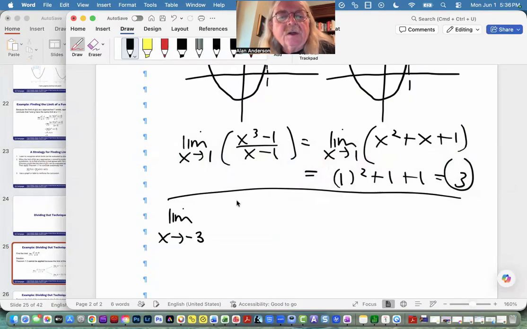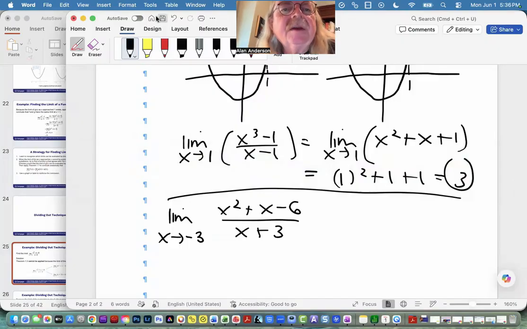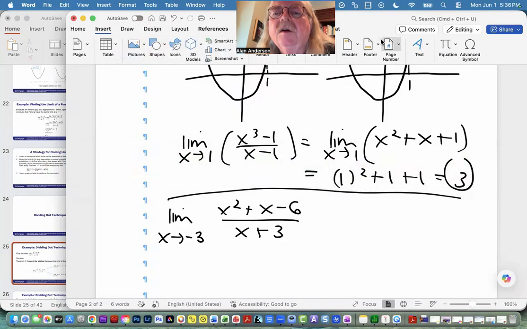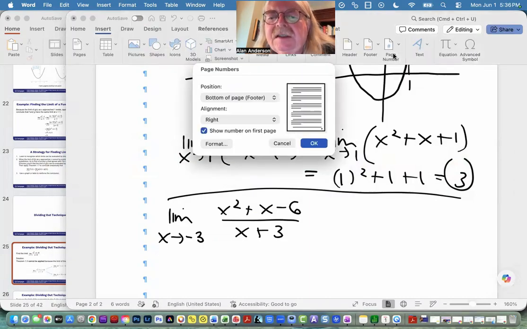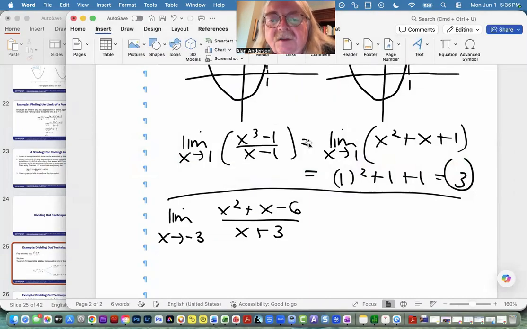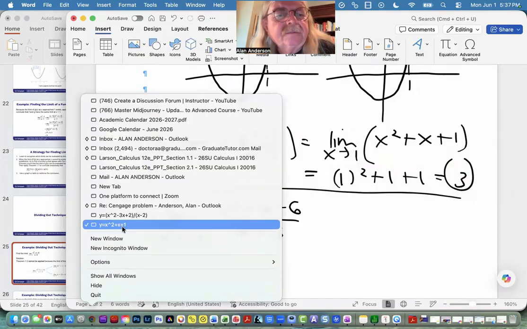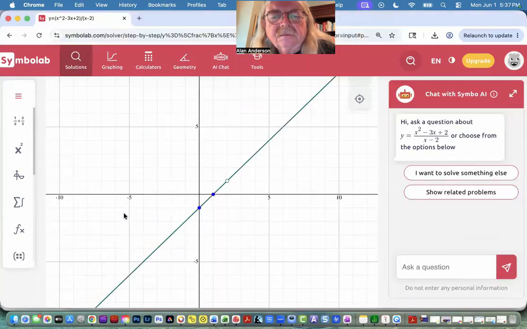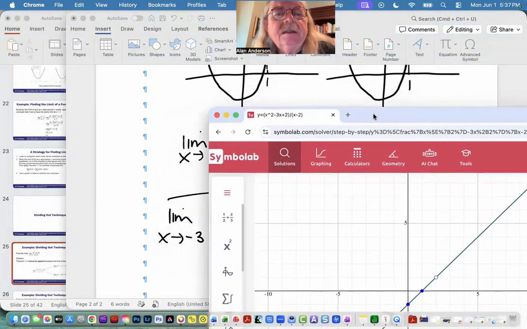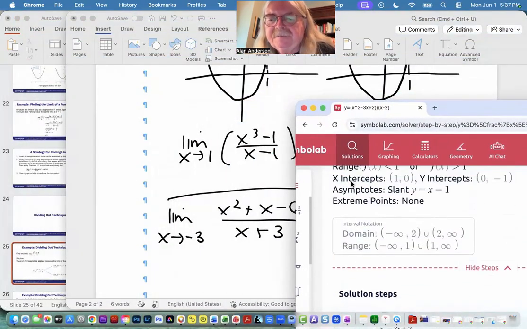This function is x squared plus x minus 6, and the denominator is x plus 3. So what we'd like to be able to do, oh, I almost forgot, we need page numbers. Let's graph this in Symbolab. We want to be able to visualize what it looks like, and let's see what that turns out to be.